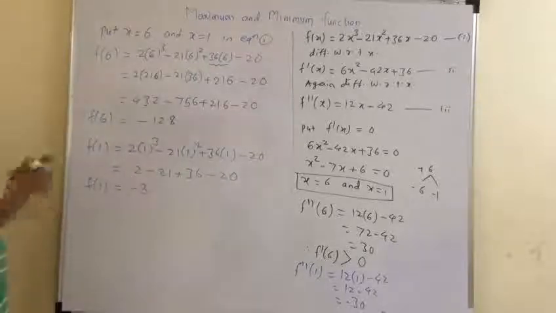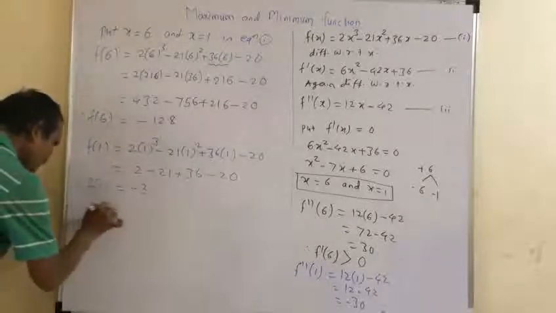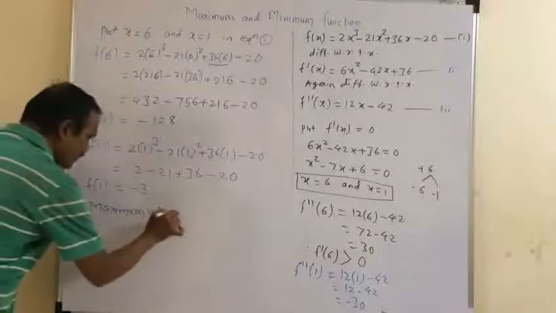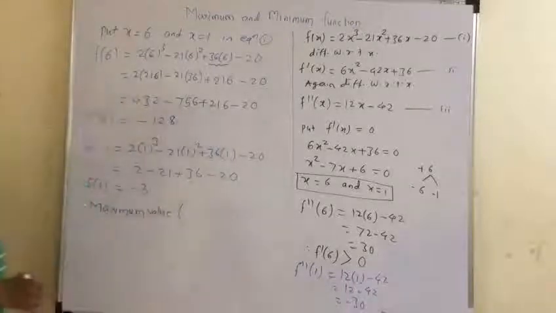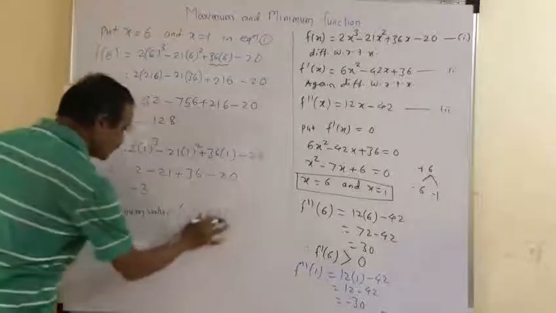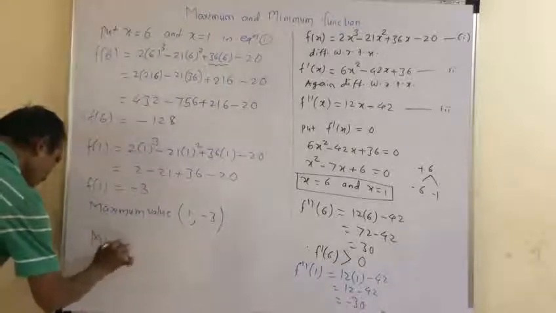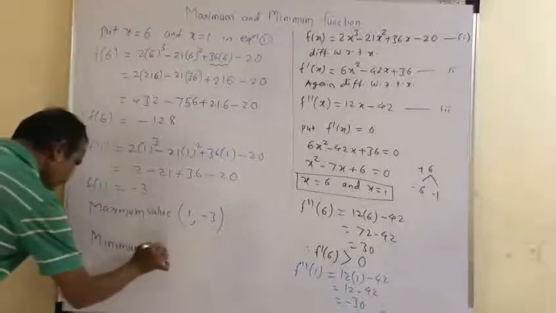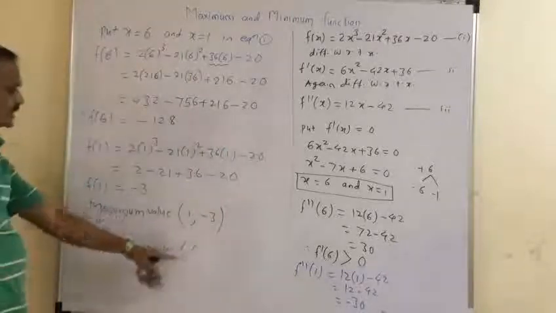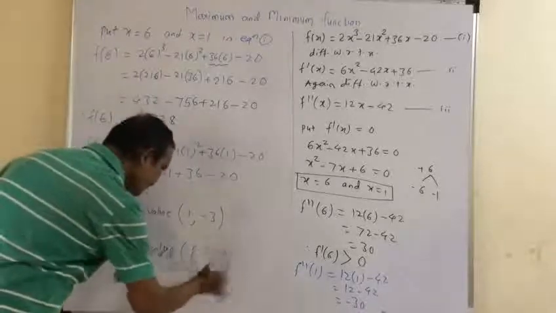So finally we have to write the maximum and minimum values: maximum value at x is equal to 1 we get minus 3, and minimum value at x is equal to 6 is minus 128.